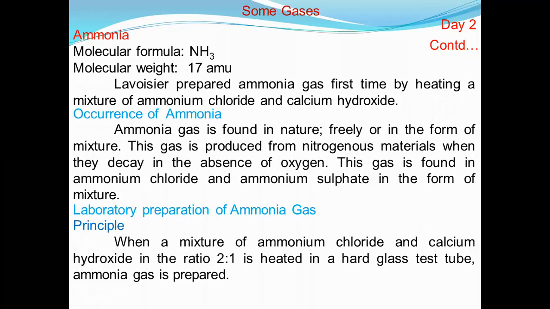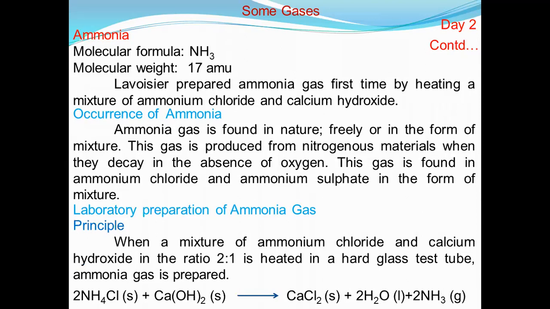Here calcium hydroxide is taken in solid form, hydrated calcium hydroxide. Ammonium chloride is a solid, calcium hydroxide is another solid, and they should be taken in the ratio 2 is to 1. If 2 gram ammonium chloride is there, then 1 gram calcium hydroxide; if 4 gram ammonium chloride is there, then 2 gram calcium hydroxide. In this ratio we select these materials and then heat them in a container like a hard glass test tube to get ammonia gas.